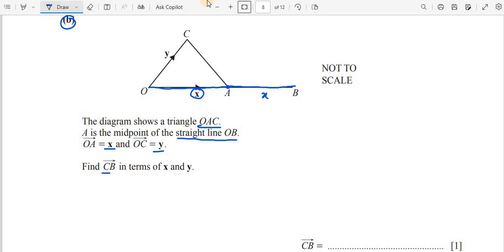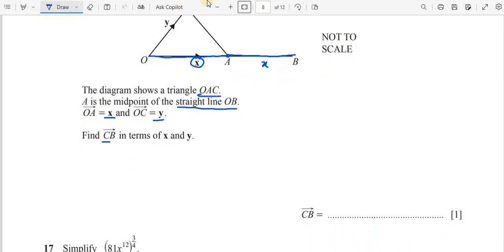To find CB, using the formula, CB is equal to OB minus OC. OB is equal to x plus x, that is equal to 2x.